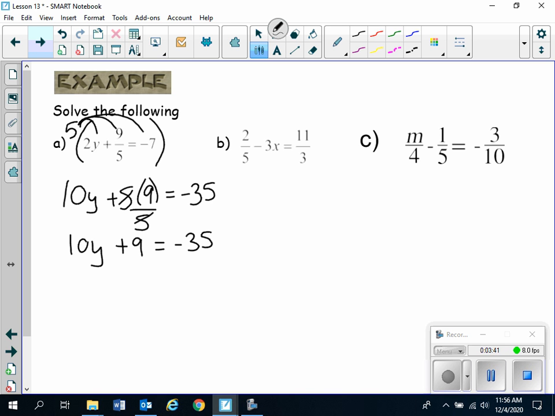So first off, we're going to get rid of what's on the outside, so that's positive 9. So we'll undo it by subtracting 9. And we get negative 44. Divide by 10 to get y by itself. We get y equals negative 4.4.